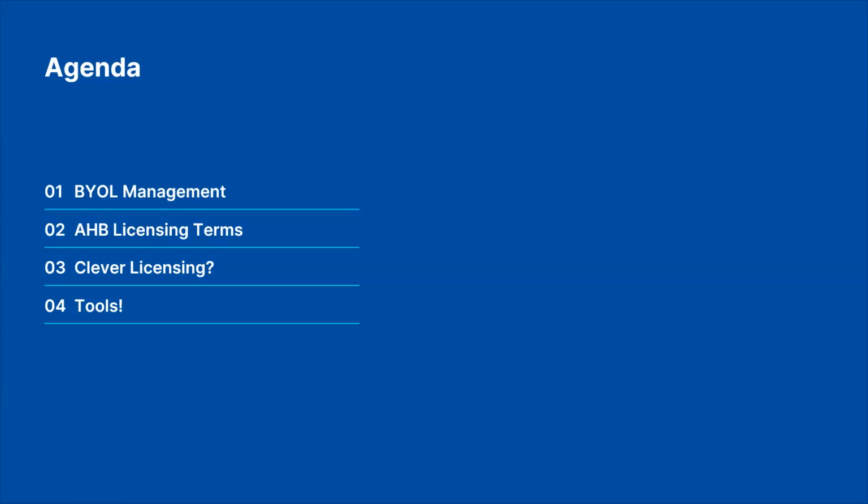I mean, it's meant to be 30 minutes, so I want to go deep in the topic as soon as possible. I want to give you an overview of bring your own license management in general, so not only Azure, not only hybrid benefit, but commercial software in general. Then I'd like to explain in a bit more detail the Azure Hybrid Benefit (AHB) licensing terms for bring your own license.